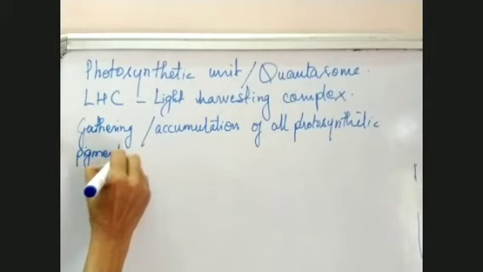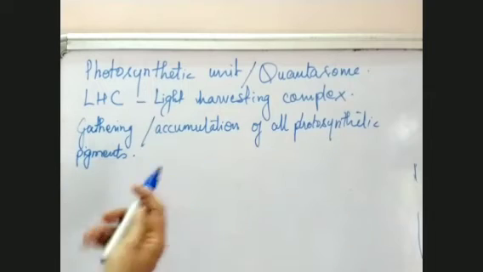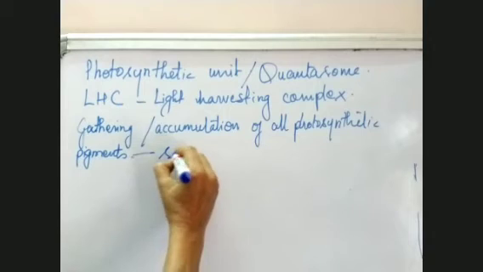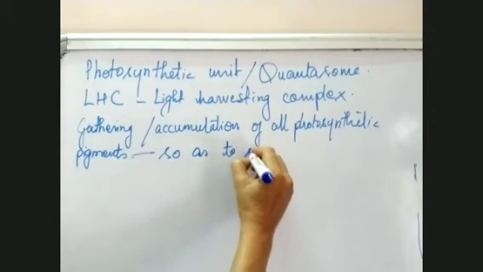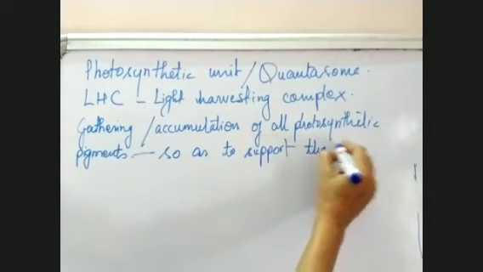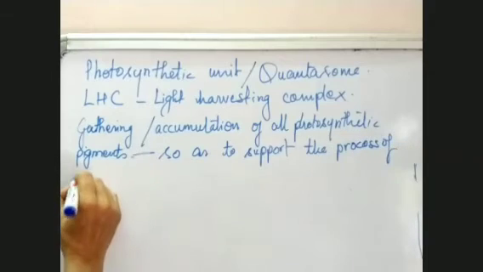That means all the forms of chlorophyll, and carotenoids, xanthophyll, they all gather so as to perform the process of photosynthesis.